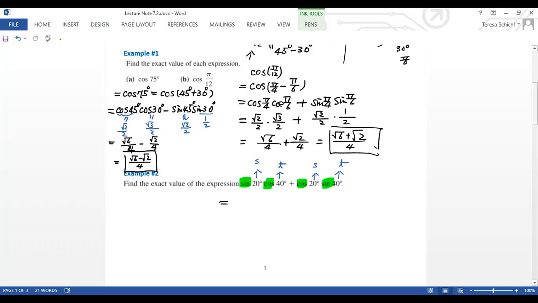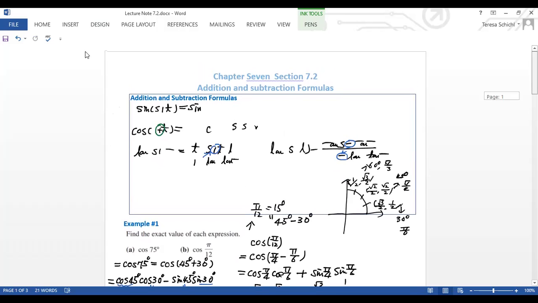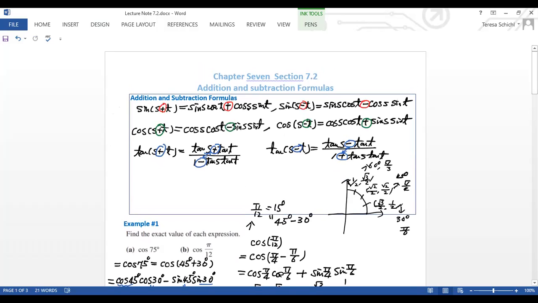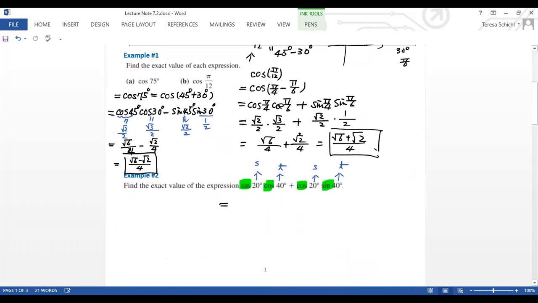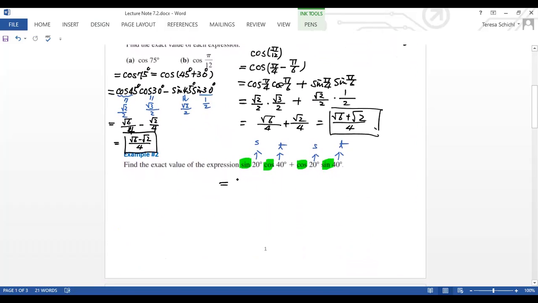Going back to the original formula, sine cosine plus cosine sine is sine of S plus T. So this is sine of 20 degrees plus 40 degrees, which is sine 60 degrees, and that is square root of 3 over 2.